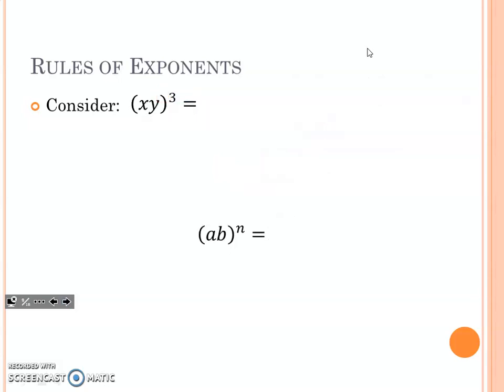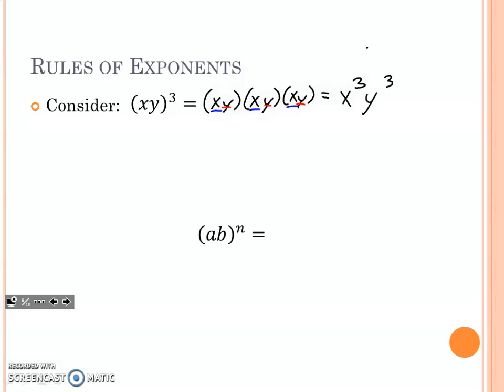Next one still deals with our power rule, but this time you'll notice you've got 2 different variables in there. So I've got xy cubed. An xy cubed would be xy times xy times xy, and all of those things are being multiplied together. So I'd say that's an x to the 3rd power and a y to the 3rd power.